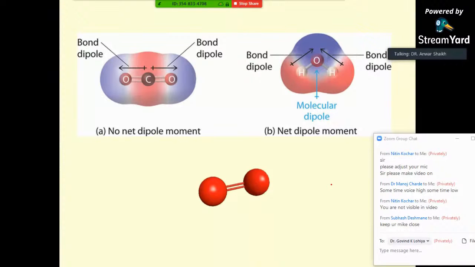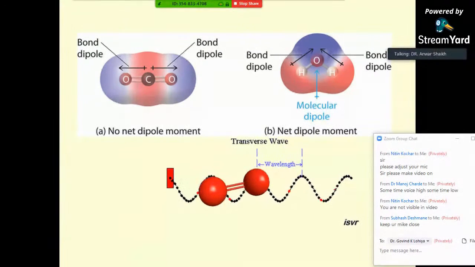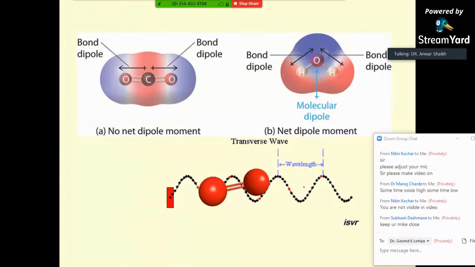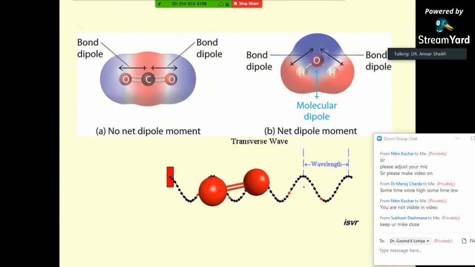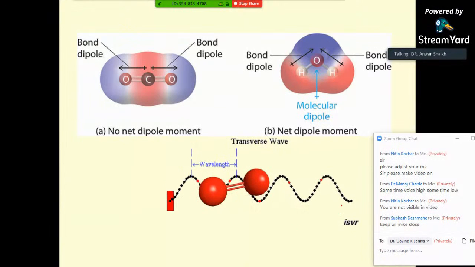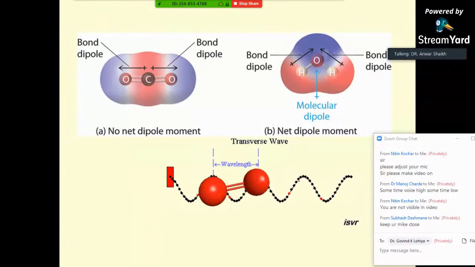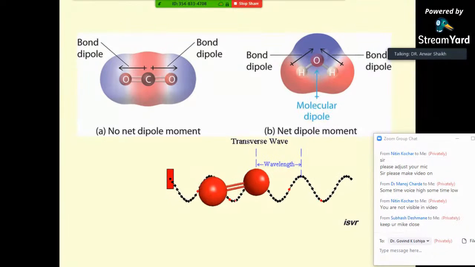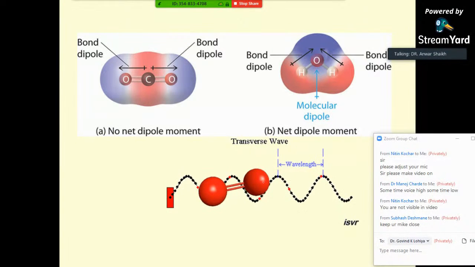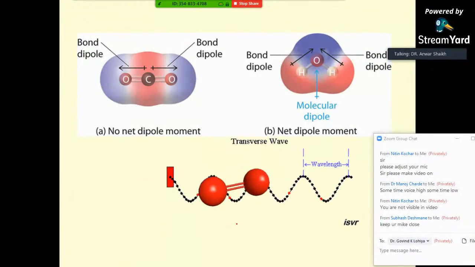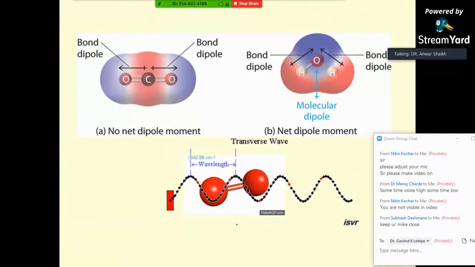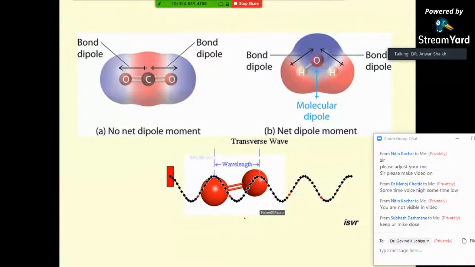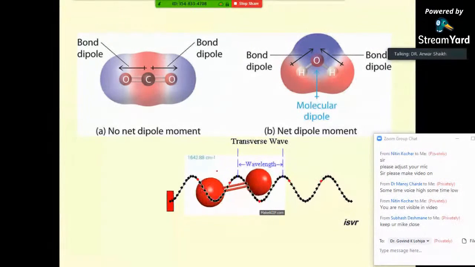So how does it absorb? Suppose for example it is IR radiation. As I initially told you, it is a pulsating wave. The electrical component is increasing and decreasing, increasing and decreasing. And here we have the dipole-containing molecule. The dipole is a charge distribution.